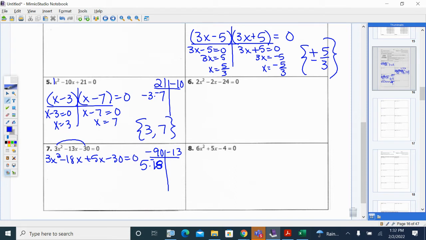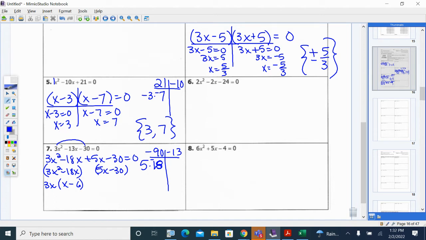And then I'm going to group, factor by grouping. I'm going to group the 3x squared minus 18x together and the 5x minus 30 together. The greatest common factor for the first set is a 3x, which is going to leave me with x minus 6.